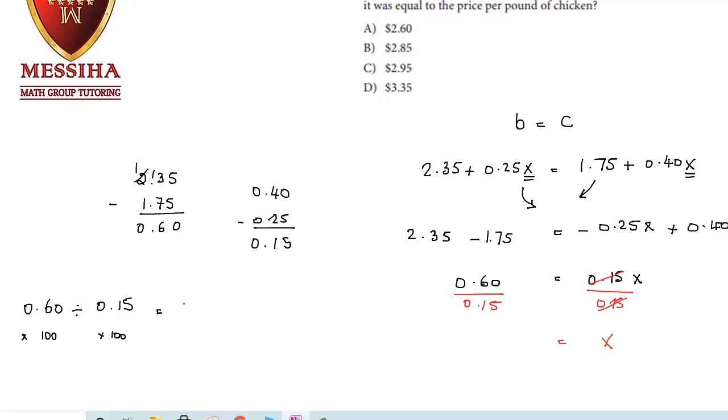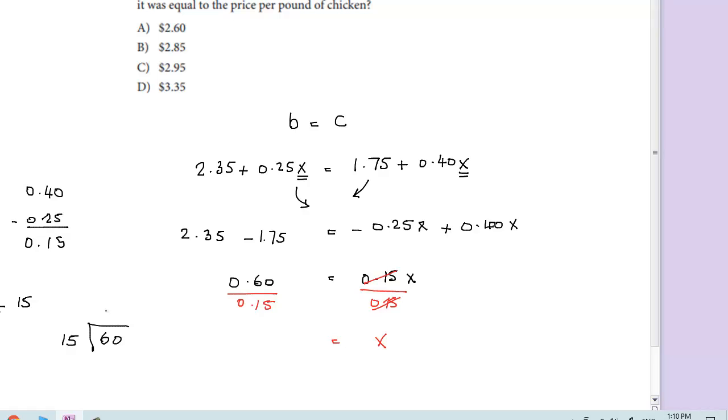So it's going to be 60 divided by 15. And this is, for sure, easier. 60 divided by 15: if it's 2, it's going to be 30, that means 4. 4 times 5 equals 20. 4 times 1 is 4, and 2 makes 6, that means 4 is the answer. So x equals 4.